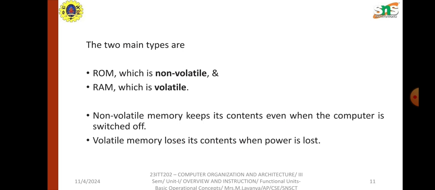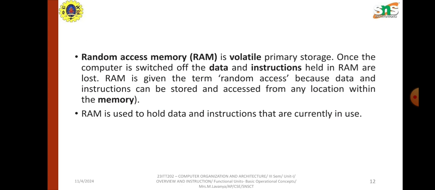Volatile memory loses the contents when the power is not available, and non-volatile memory will not lose its contents even when the power is off. This is the difference between RAM and ROM. RAM stands for random access memory, and ROM stands for read-only memory.